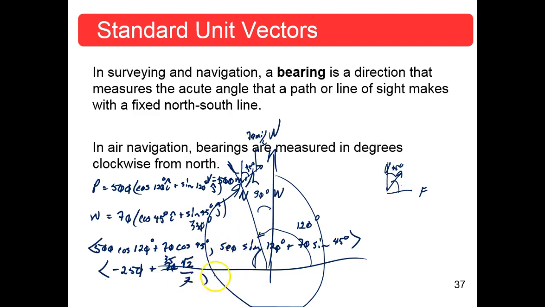Your j component is going to be 250 times root 3, because the sine of 60 degrees is square root of 3 over 2, and the 2 factors down, plus 70 times root 2 over 2, so that's 35 root 2. Okay, so now you use your calculator. Negative 250 plus 35 root 2, that's your x component.